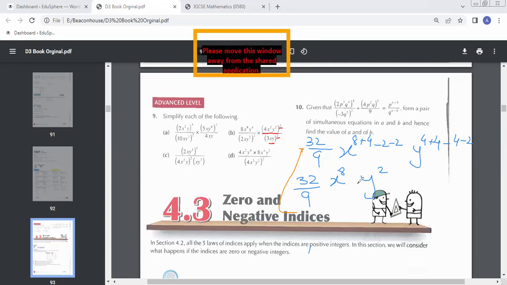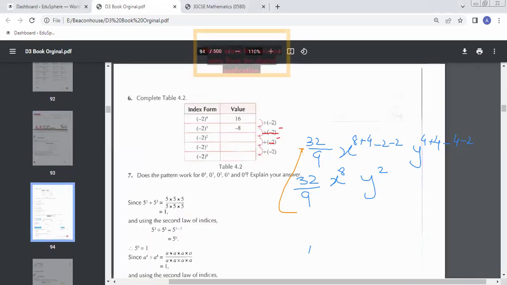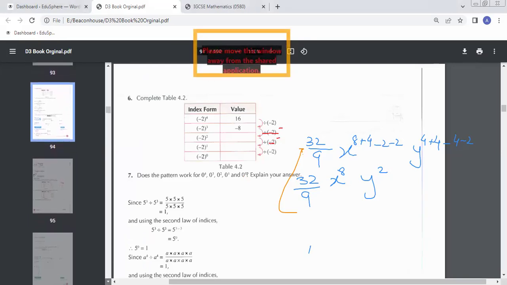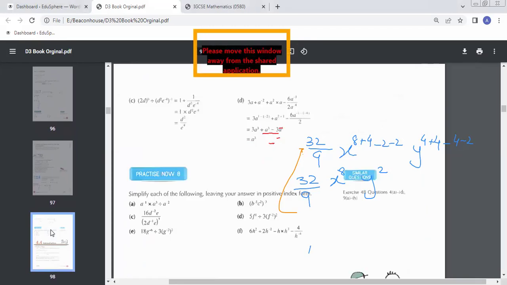Let's move on to the next exercise. For this, you have to stay tuned to the video. In the next lesson, we will be talking about some more detailed questions from this exercise. In the next video, I will be focusing on the rest of the rules, in which we will be talking about the complex questions related to the same concept.